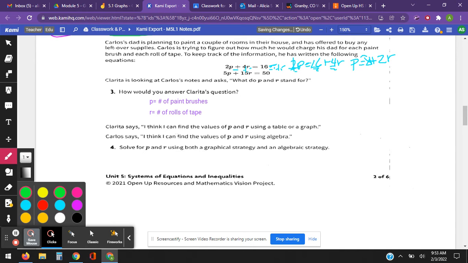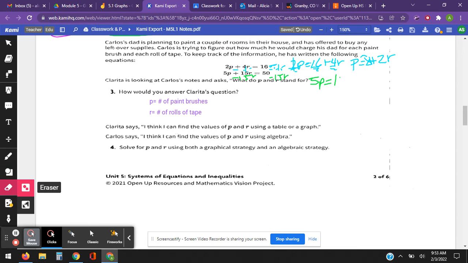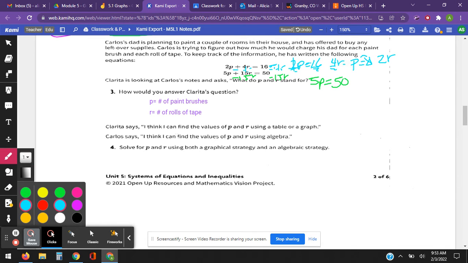So now let's do the other one. 5P, I'm going to subtract the 15R because I don't want that on this side. So I'm going to have 5P equals 50. Up here it is a minus because we subtracted. Let me just make sure I am minus and a minus.